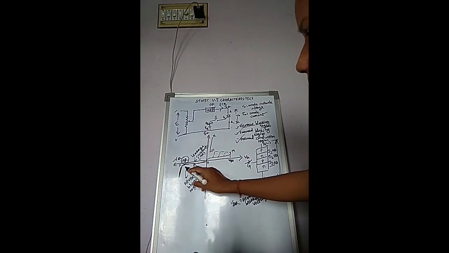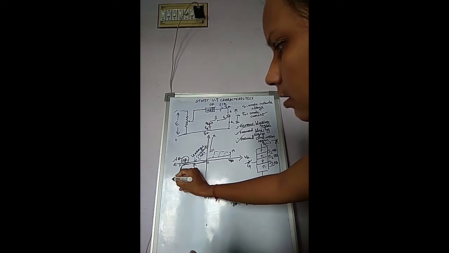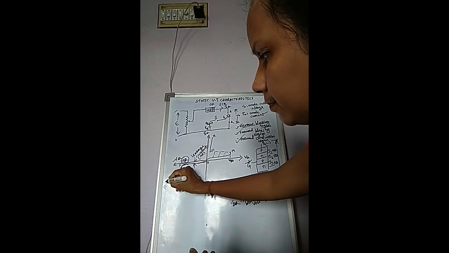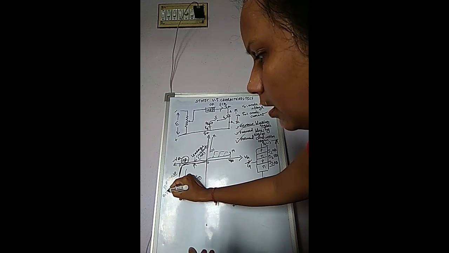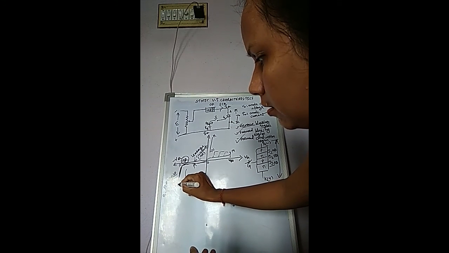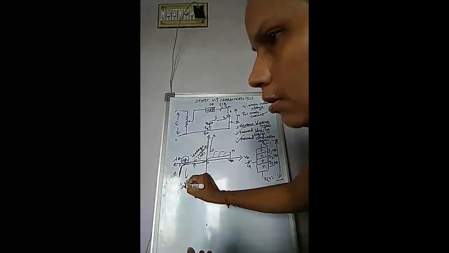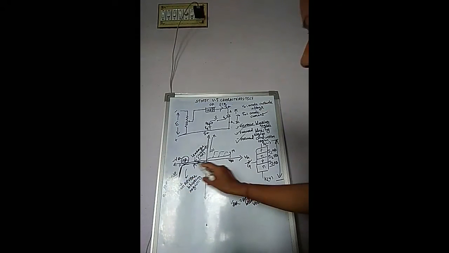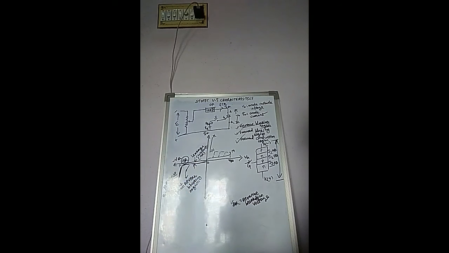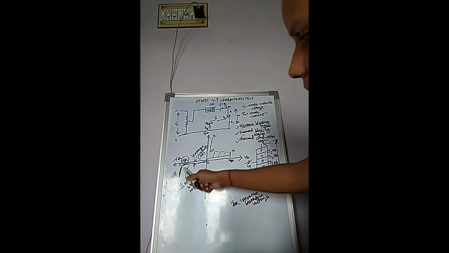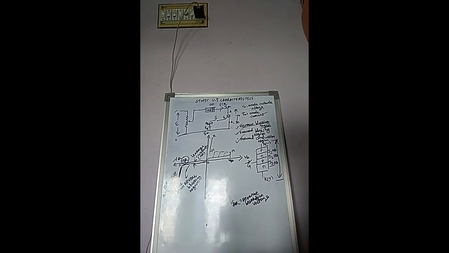So the region PQ is the reverse avalanche region. OP is the reverse blocking region, PQ is the reverse avalanche region.